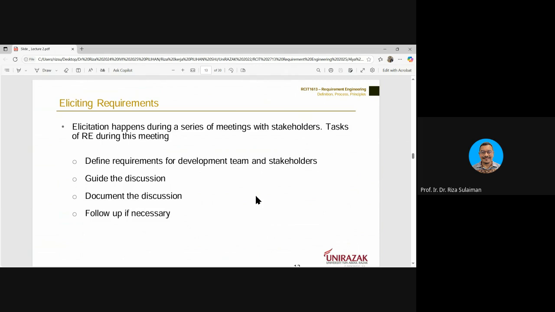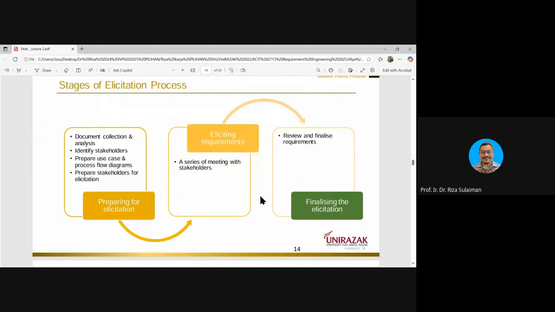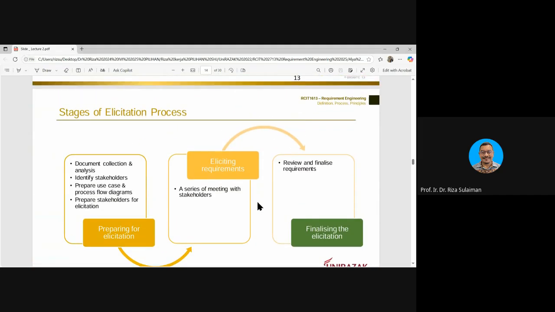So you need to have follow-ups. Elicitation of requirements is very, very important, and we will continue this in our exercises in the tutorial session.